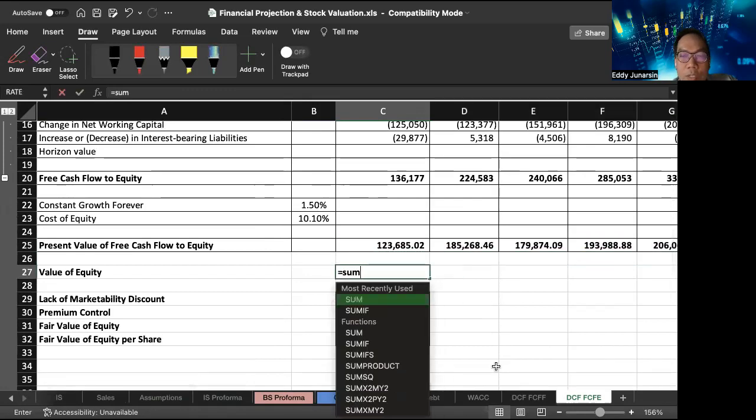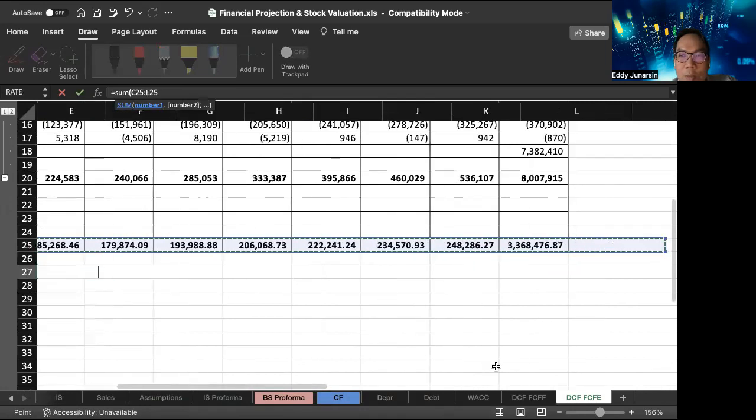All right, value of equity is simply the sum of the present values.